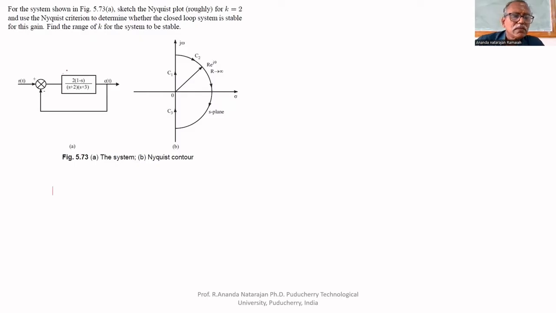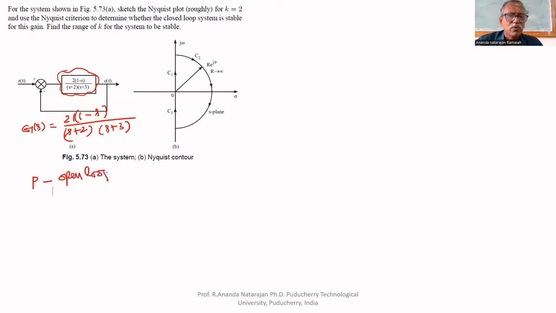Here, the open loop transfer function G(s) equals 2 multiplied by (1 minus s) upon (s plus 2)(s plus 3). What is P? P is the number of open loop poles on the right hand side, which is equal to 0.